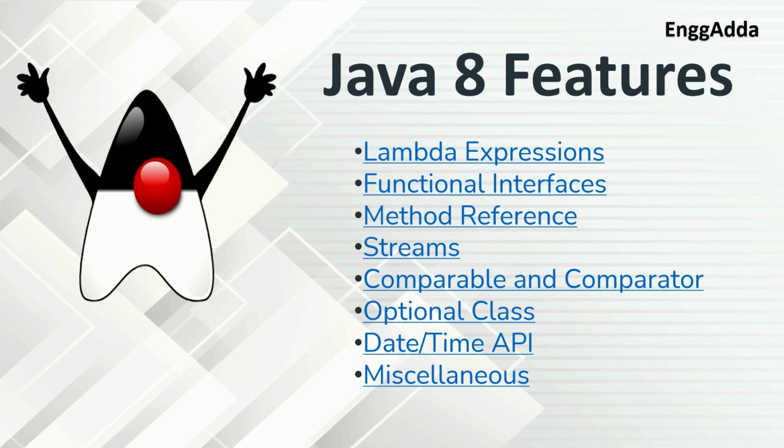We are going to create an IntelliJ project, or you can say a Java project, and there we'll break down how to write Lambda expressions, how to write functional interfaces, what functional interfaces we have, how to write method references and what method references there are. And then we'll go to the stream API. There we'll discuss a lot of things on the stream APIs. There will be more than one video on the stream API. Similarly, for the other features also, we will discuss things in separate videos.